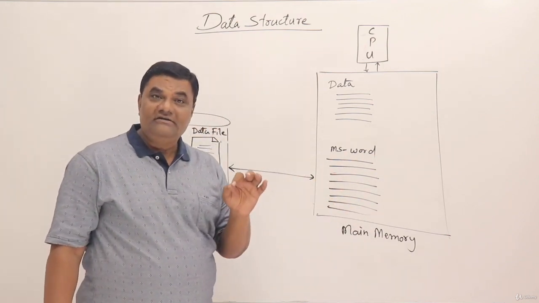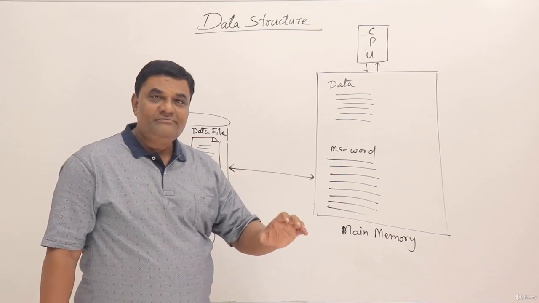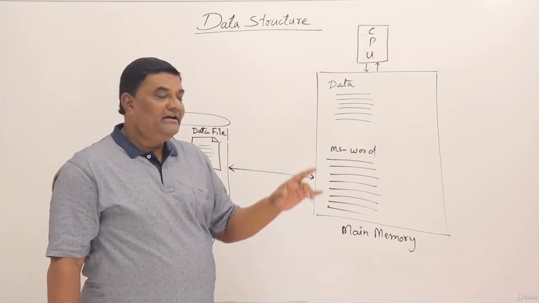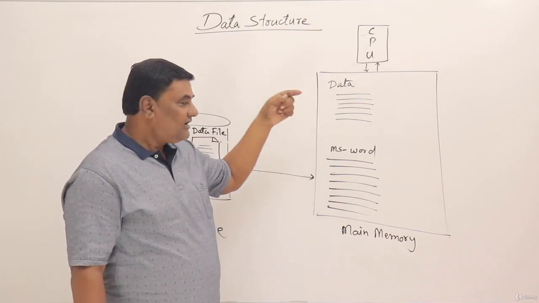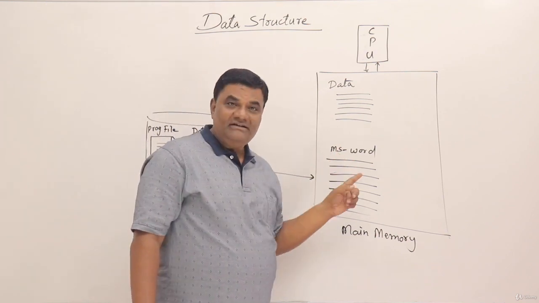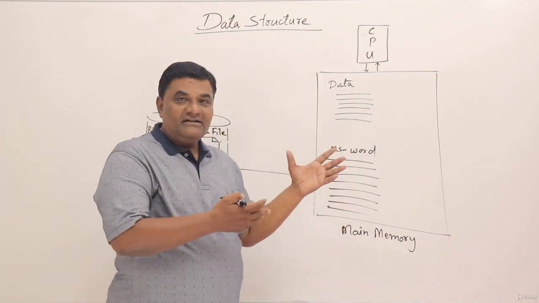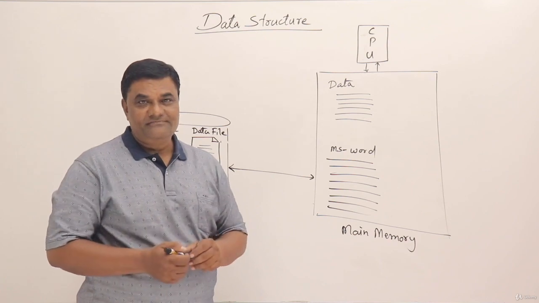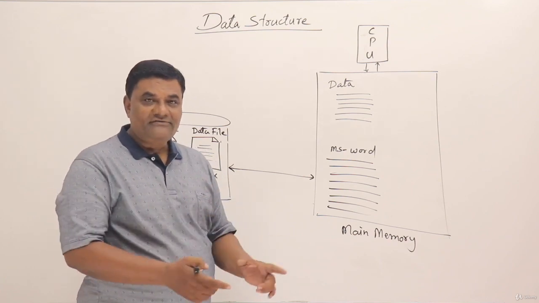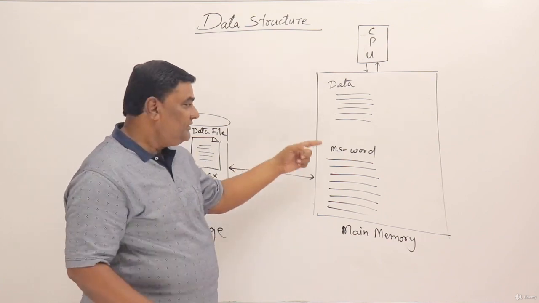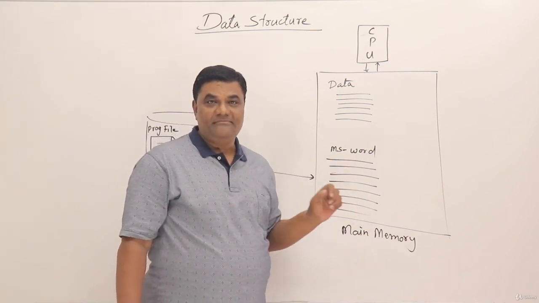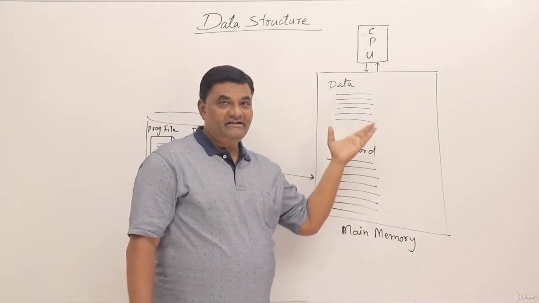So how do you organize the data? The arrangement or organizing of the data inside the main memory for efficient utilization by the application, that arrangement is called data structure. So data structures are formed in the main memory during the execution time of a program. When the program runs, it needs data.